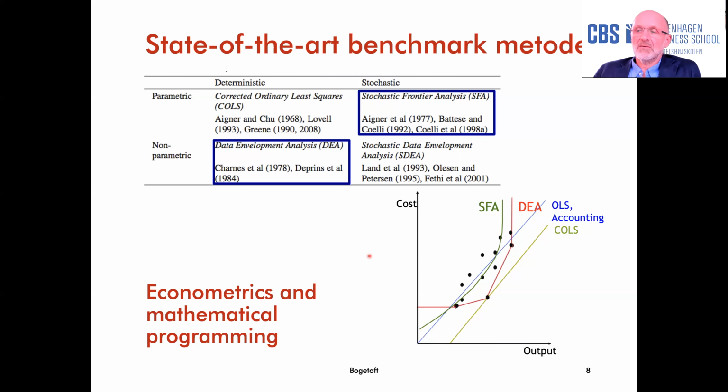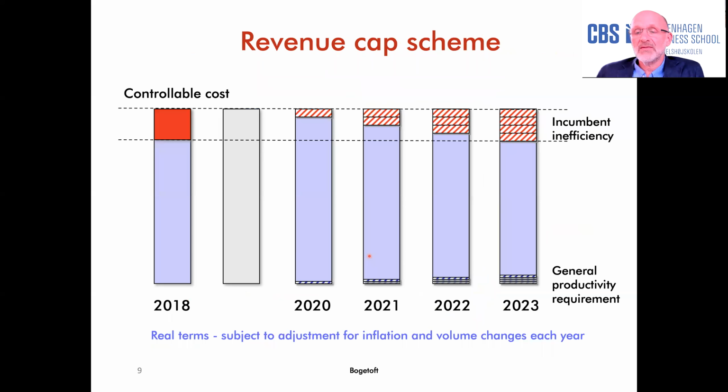So these are ways that you can go from actual observations of service and cost combinations of firms into a model that describes the relationships between cost and services. These are the methods that are typically used. And then a typical scheme might look like this.